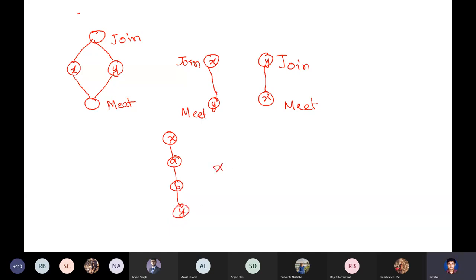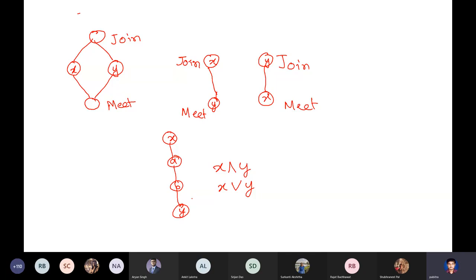What is join XY and meet XY in this case? So I have a chain joining X and Y, and they are not immediately connected, but they belong to the same chain. They are parts of the same chain.